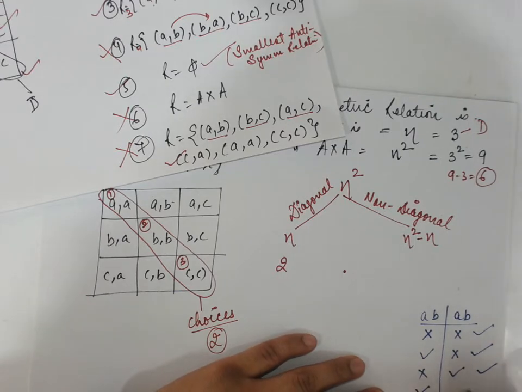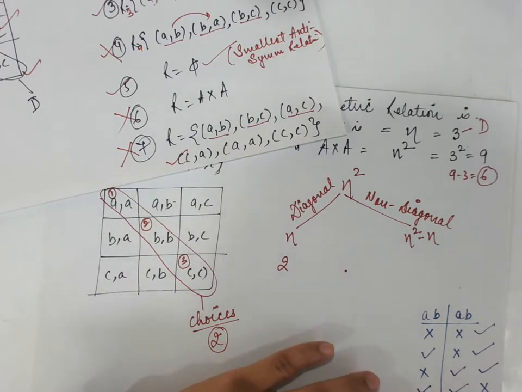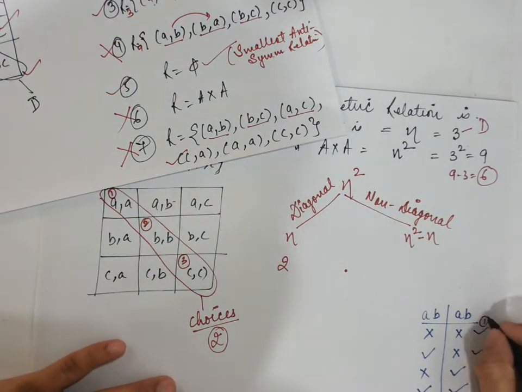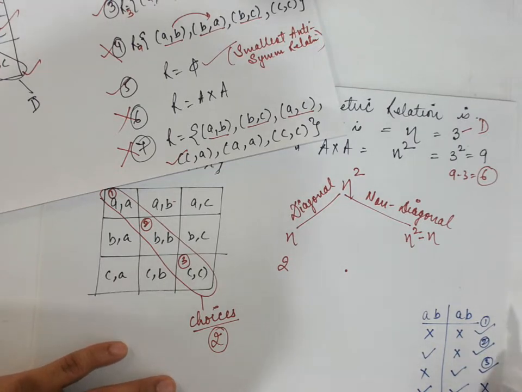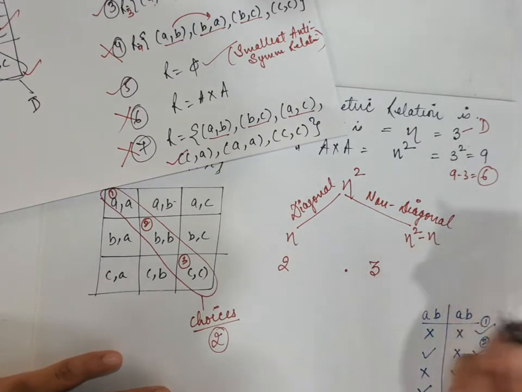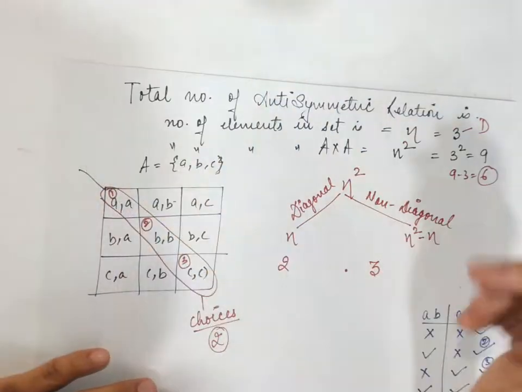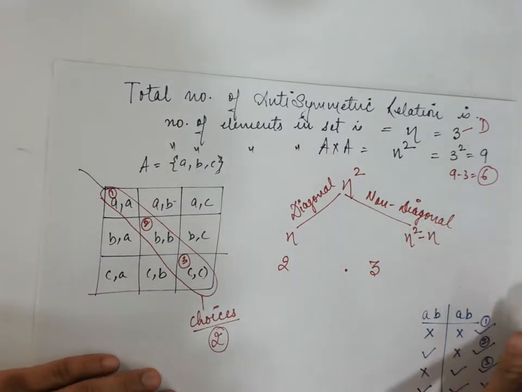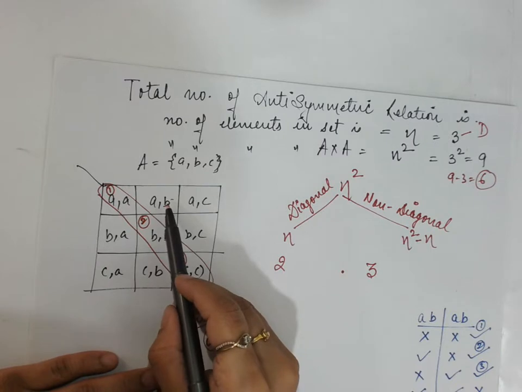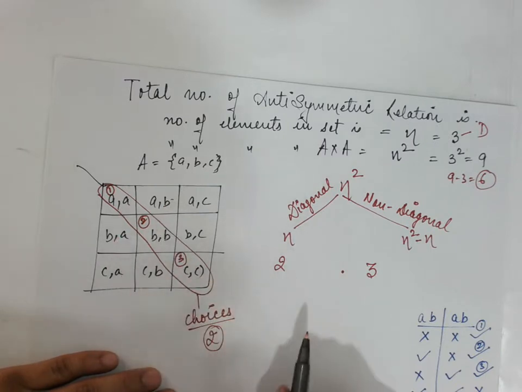If both the pairs are present, then it would not be antisymmetric. Therefore there are three choices. Either they are present in a relation or not. The non-diagonal parts are also divided in half. Why? Because if AB is present, then BA is not present in a given relation.